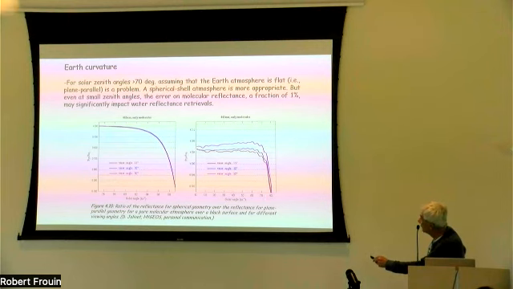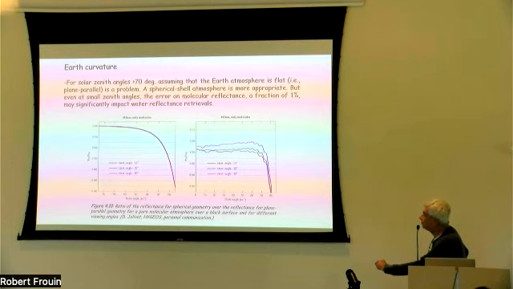But at small zenith angles, you see that you may have ratios that differ from 1 by a fraction of 1%, like 0.4% or 0.5%. But again, that translates to about a 5% error at the bottom of the atmosphere.